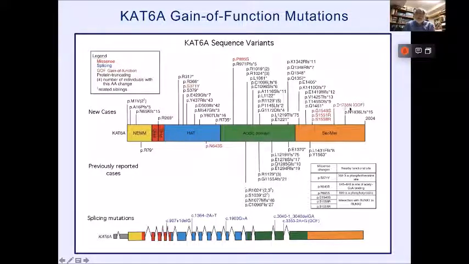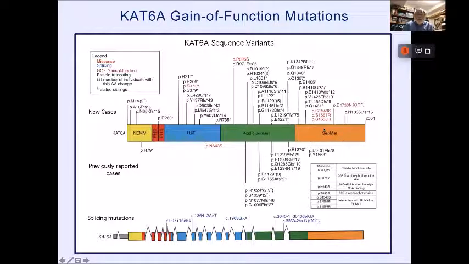And the two mutations that we have identified are pretty likely gain of function. One is here. A mutation in this region is more likely than other mutations to cause a persistence of the protein.